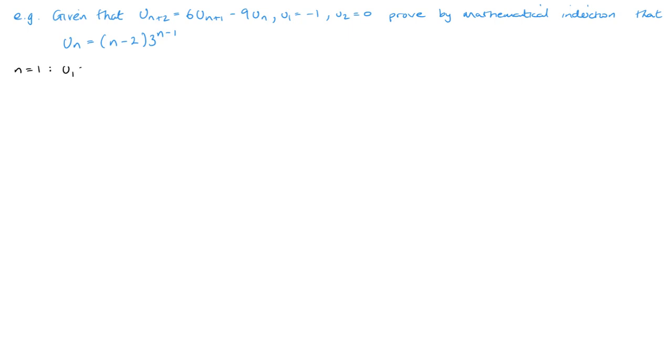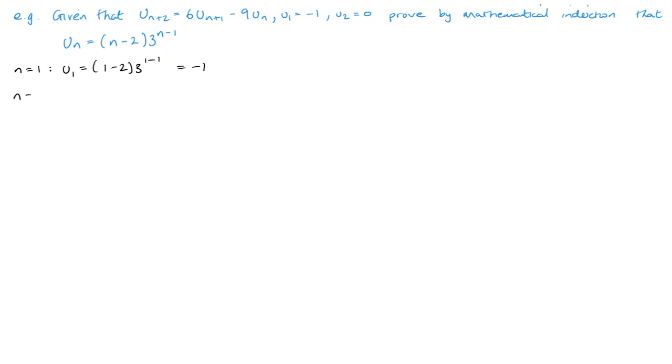So we're going to do u of 1. Okay, now this is 1 minus 2 times by 3 to the power 1 minus 1. So 1 minus 2 is minus 1, times by 1 is minus 1. So that is my n equals 1.